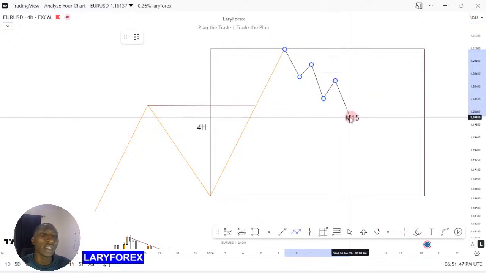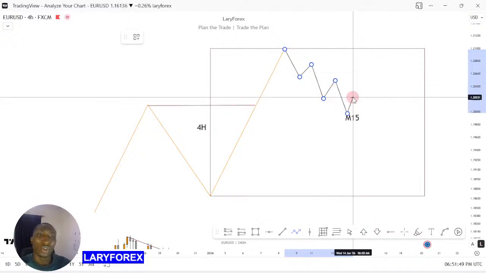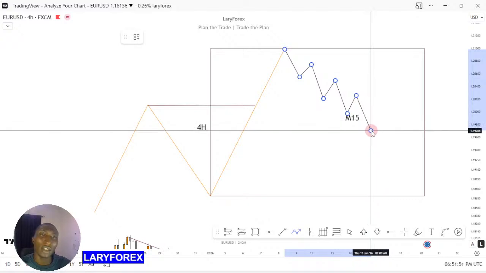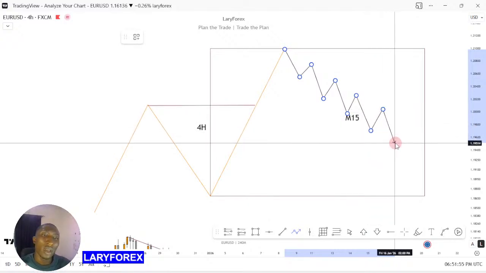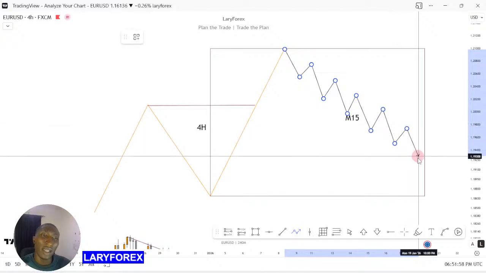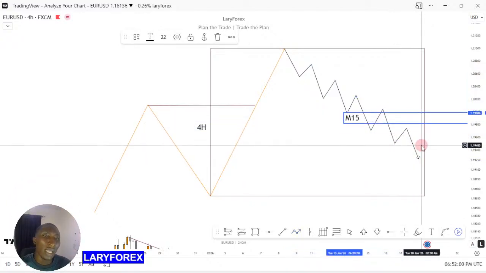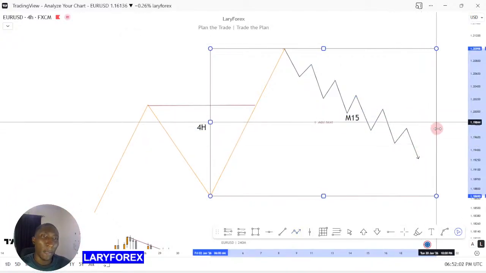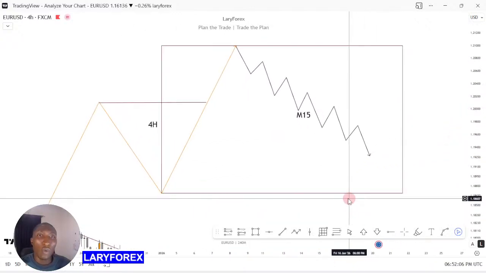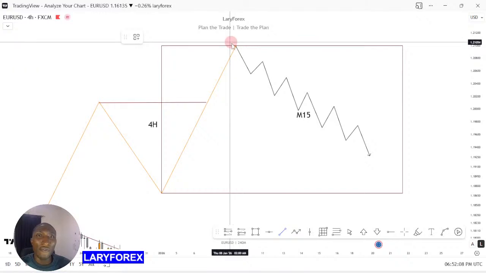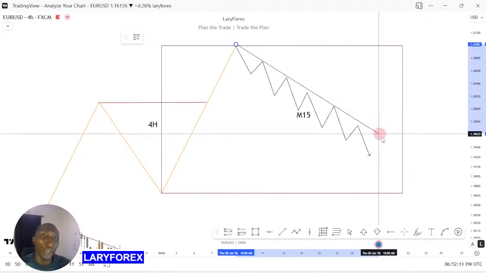So this bearish trend is actually the 4 hours internal structure pullback, until price gets to a discount level, a demand level. Now note that when this bearish trend is occurring, we have a trend line following it.